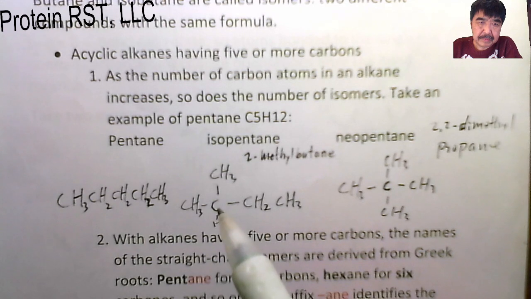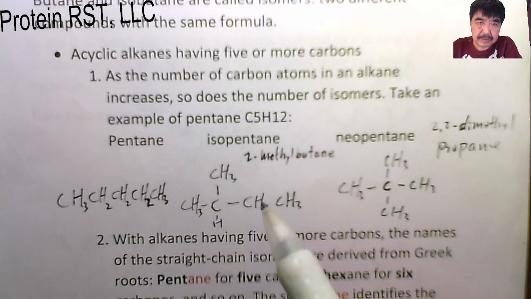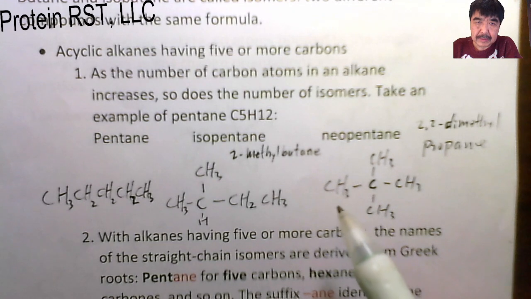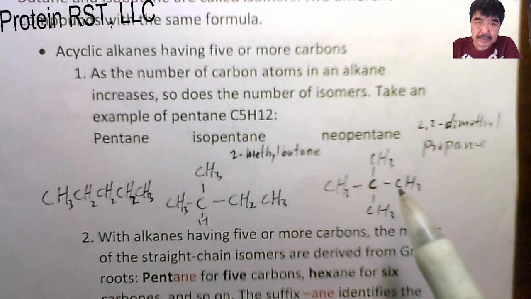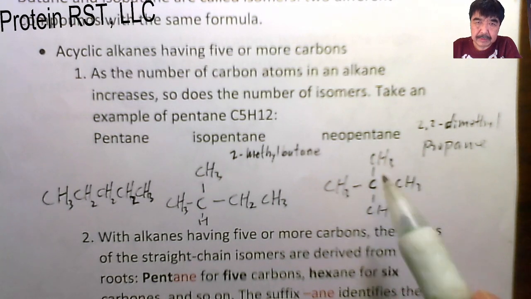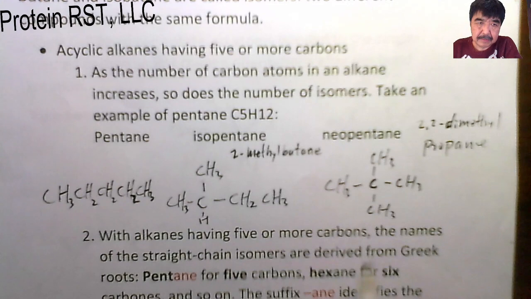At the 2 position is a methyl group. The total carbon is still 5. This is a new isomer. The parent chain is a 3 carbon chain. At the 2 position are bonded 2 methyl groups. This is called neopentane.